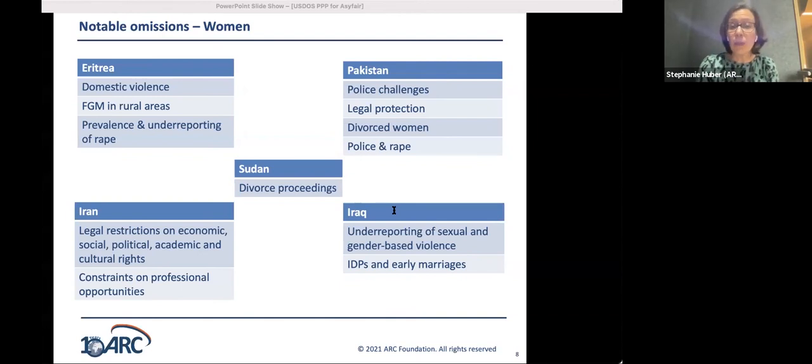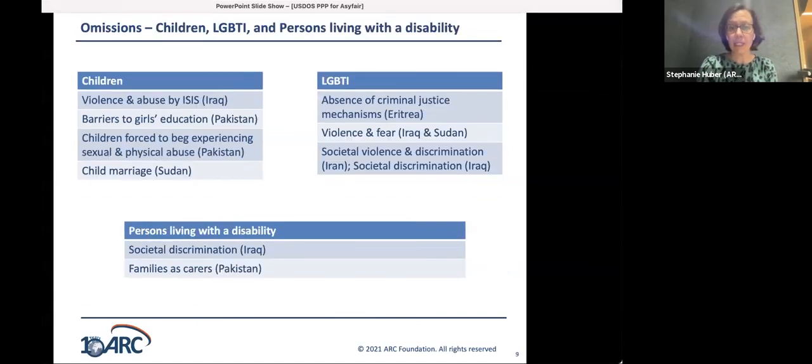And as I said before, we also observed omissions of information relating to human rights issues experienced by children, LGBTI persons, and persons living with a disability. So with regards to children, for example, we noticed that in the Pakistan report, they no longer refer to girls' low school attendance rates and the most significant barrier to girls' education being lack of access and cultural beliefs.